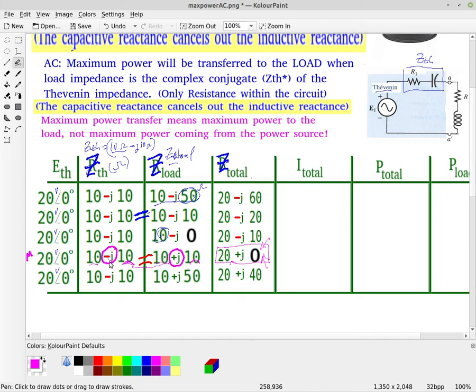In this case, where we had the minus J10 and the plus J10, then our reactance term disappears. And that's what they're telling us is going to be the maximum power. All right. So in this column here, as you can see, I have the total impedances. This is the total impedance, Z total, which are just two series impedances, so they just simply add up.